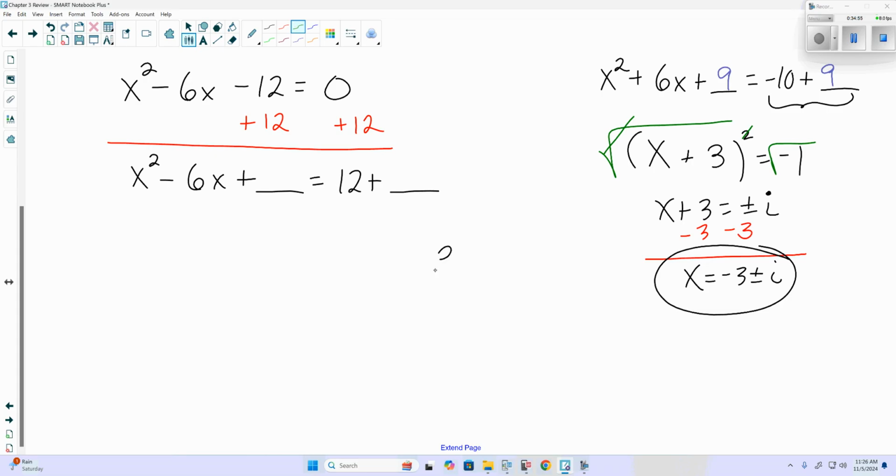C is equal to b over 2 squared. Almost. B this time is going to be negative 6. Negative 6 divided by 2 is negative 3. And negative 3 squared is 9. Questions on this so far?